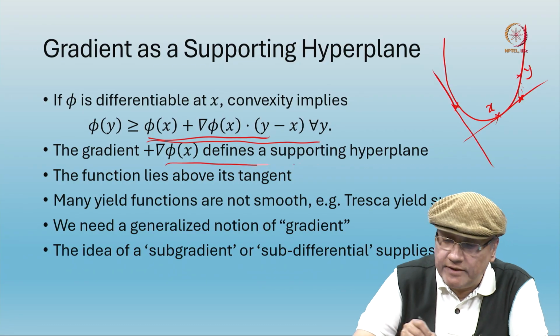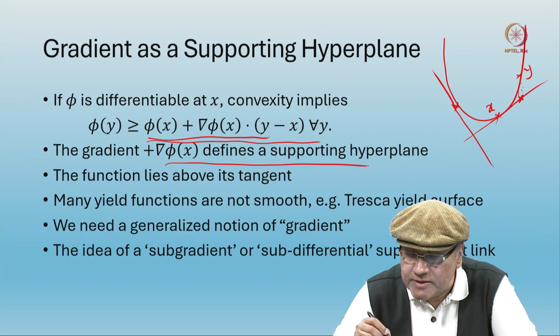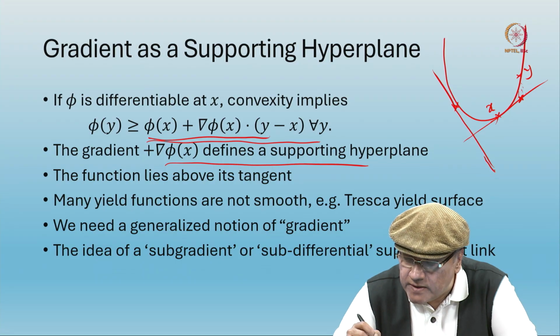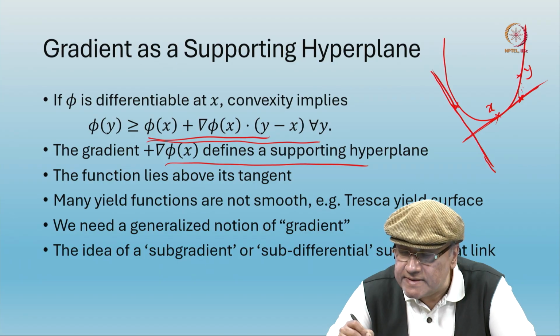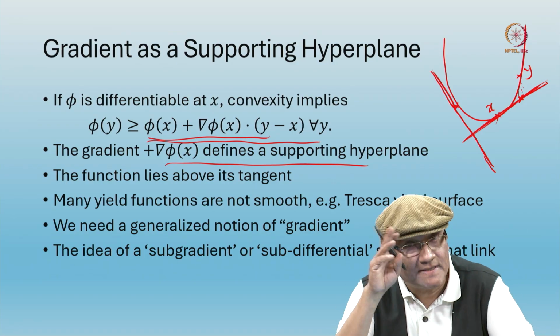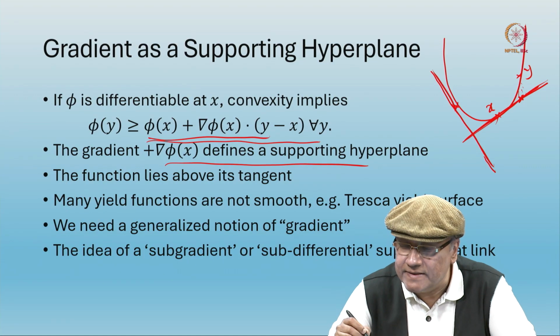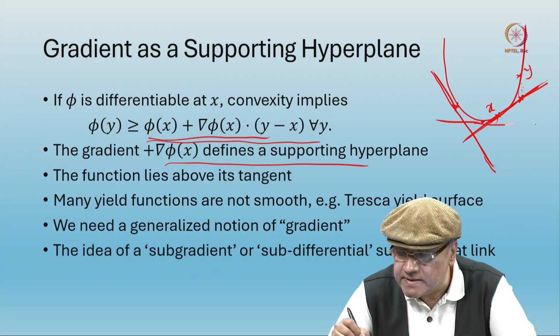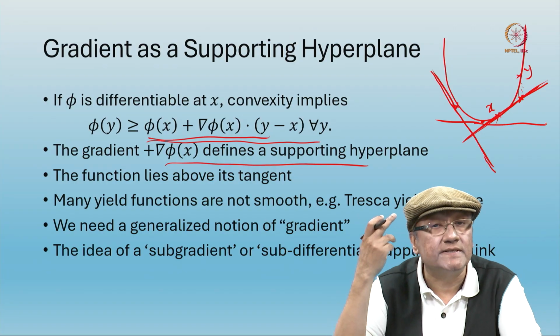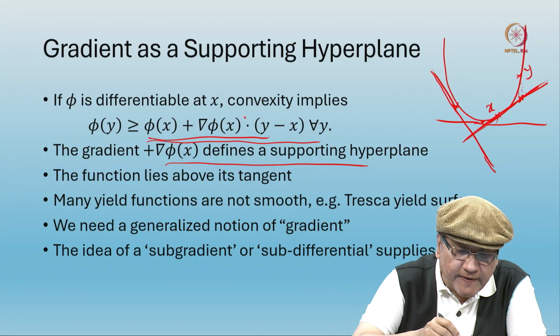So each one of these lines can be thought of as a gradient. This is one gradient, this is another gradient, like that. There are so many, and here there is a third gradient. Each one of these supporting hyperplanes can be thought of as a gradient because the gradient defines it.